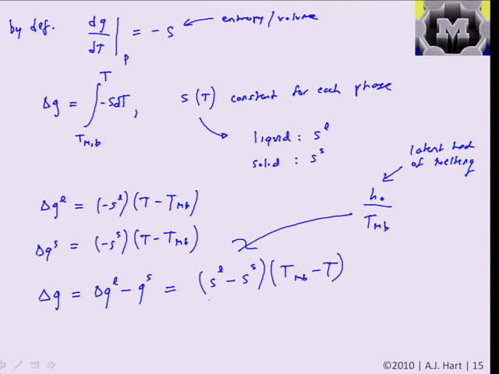So we can relate this change in entropy per unit volume for the phase transition to what we can look up as a bulk property of the solid and its bulk melting point. So now we can say that our small delta G is equal to our latent heat divided by the bulk melting point multiplied by the difference between these two temperatures.